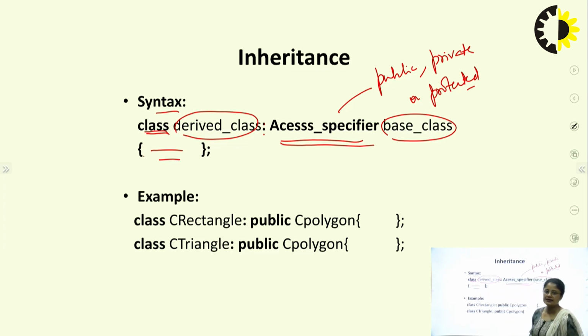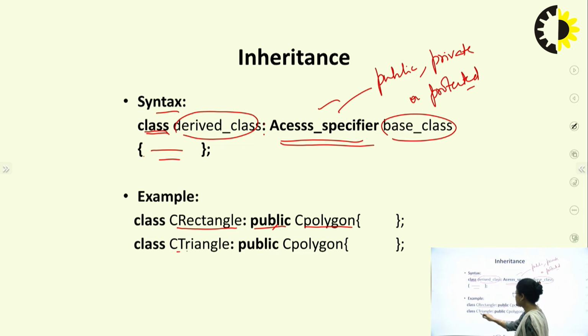This is the generic syntax of defining the derived class. For example, we have a derived class named CRectangle, which is deriving from the base class CPolygon, and the access specifier is public. That means the inheritance here is public.